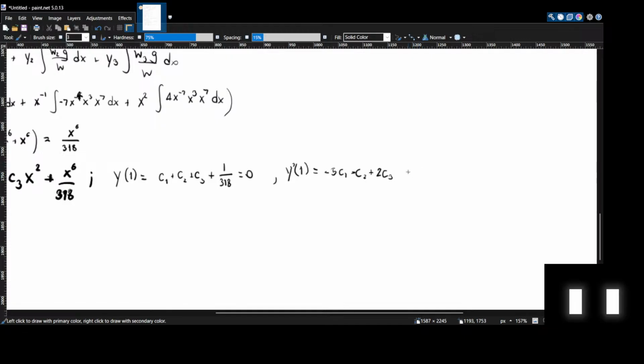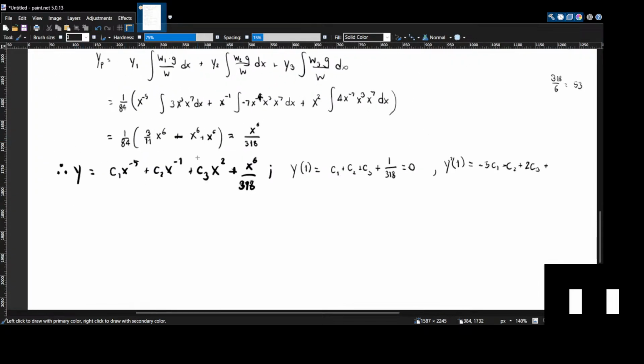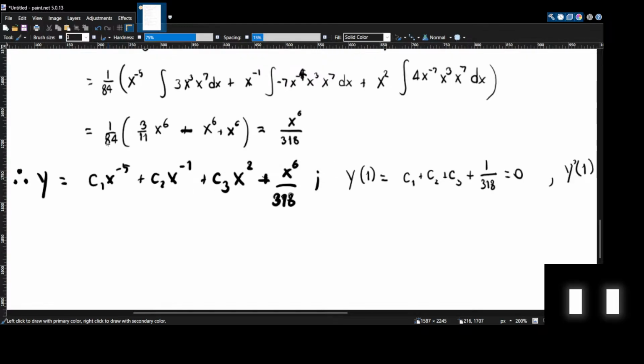This becomes x to the power of 6, so this becomes 6 divided by 318. So 318 divided by 6 is equal to 5, and then you have 1 there, and you're gonna have 53. Wait, what? 84 cancels out with 3.